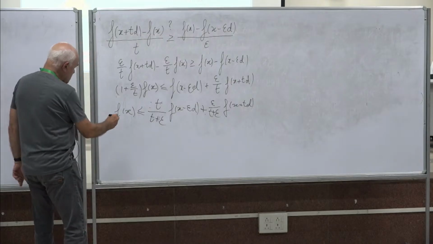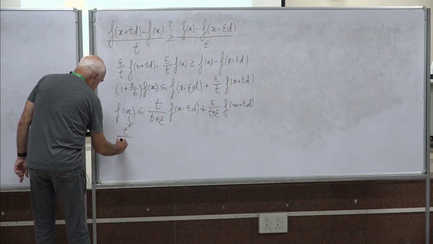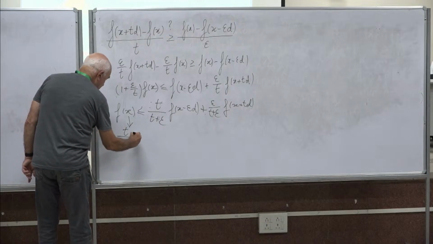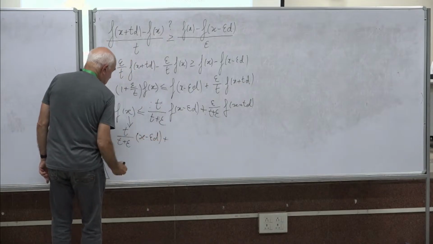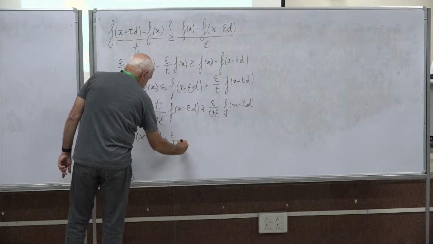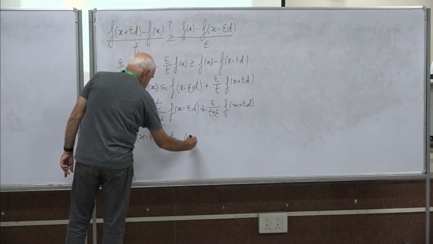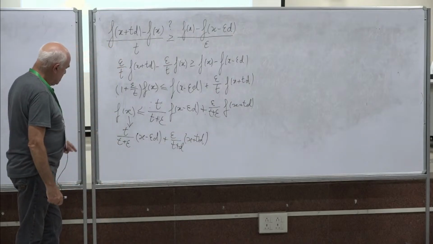This is true because X is T over T plus epsilon, X minus epsilon D, plus epsilon over T plus epsilon, X plus TD. Is this true? We can check.